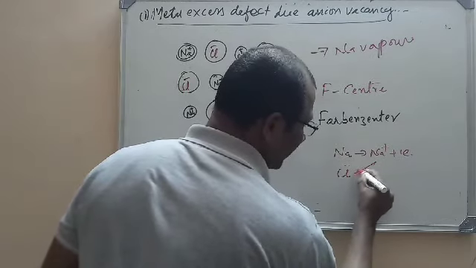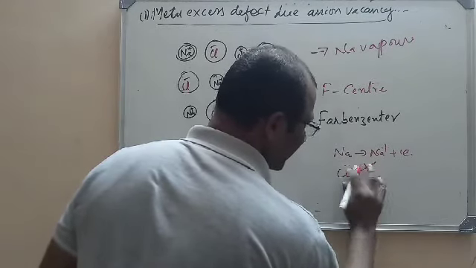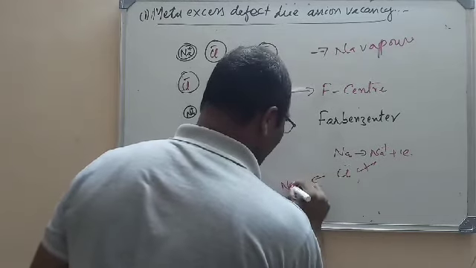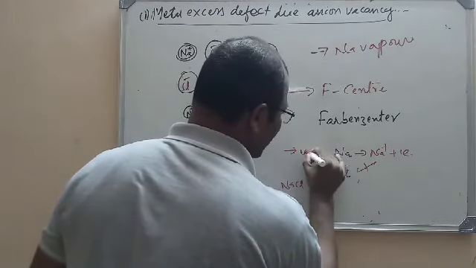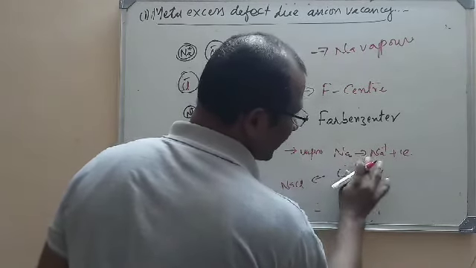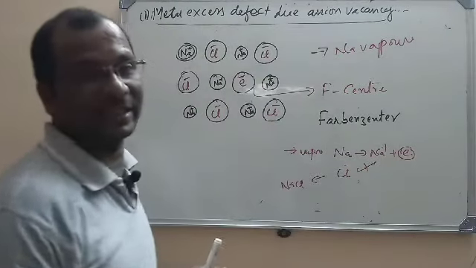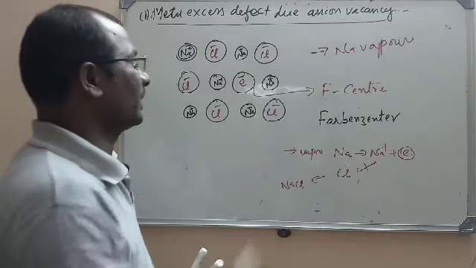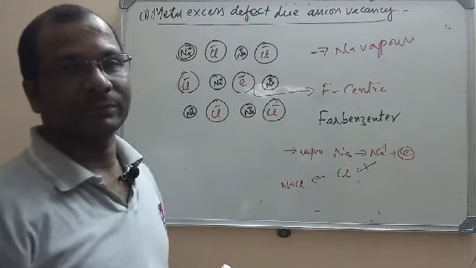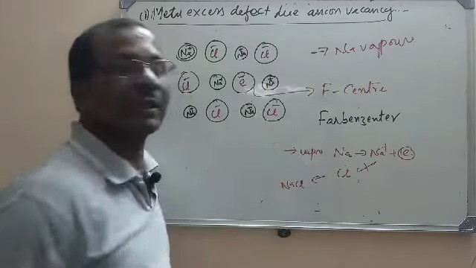Now both will combine here, Na plus and Cl minus will give NaCl. The electron lost by this sodium will be occupying the vacant site here. But electrically it is neutral.